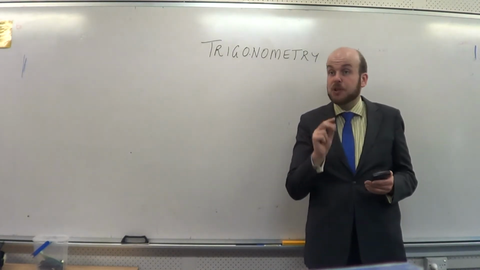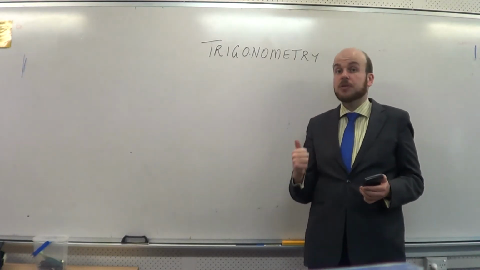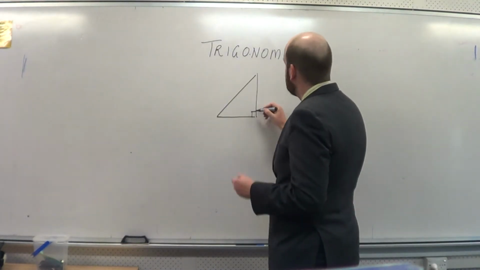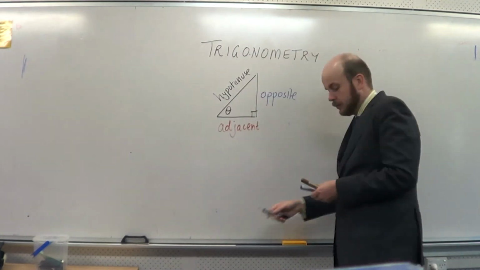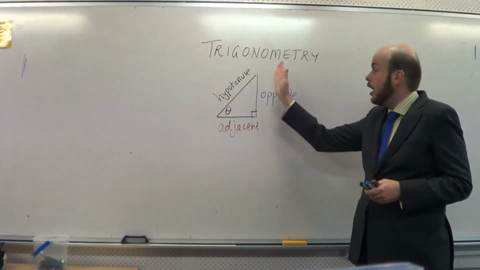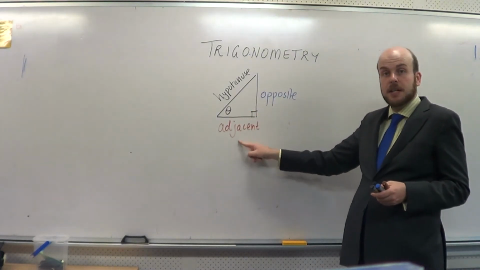Now there are two other types of ratios as well. We've got a cosine and a tangent as well. So here is our right angle triangle. We've got a hypotenuse, the opposite, because I'm talking about this angle here, and the adjacent to here.